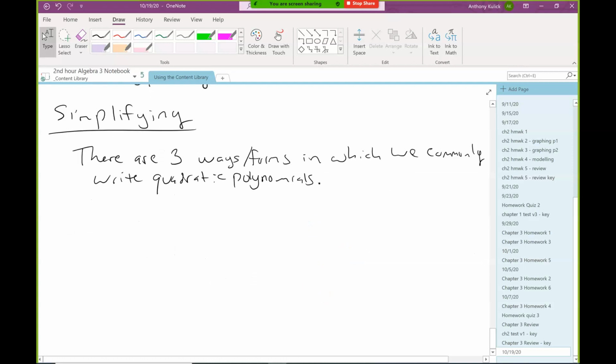The first way is called standard form. And what standard form looks like is ax squared plus bx plus c, where a, b, and c are the coefficients.